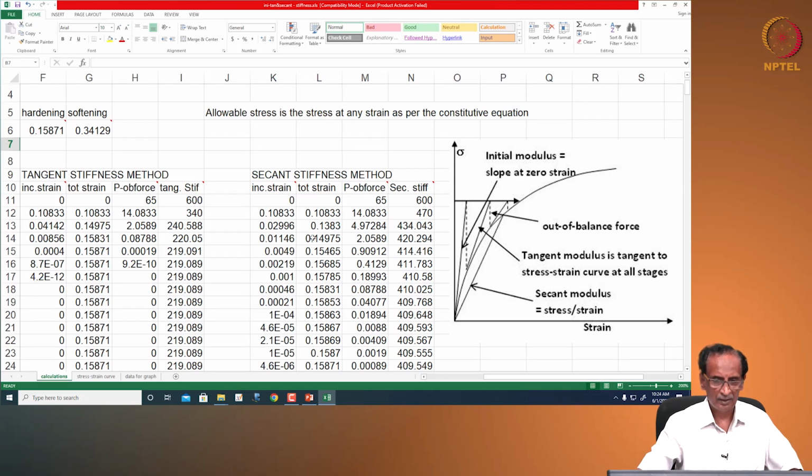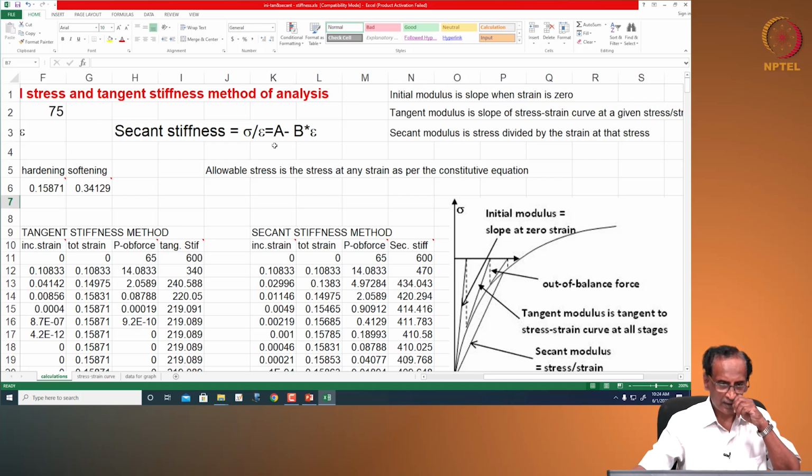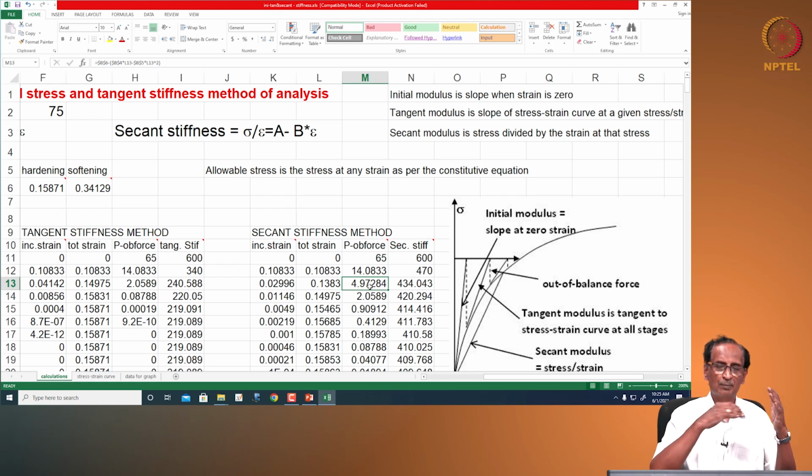Actually, the illustration is also shown here, and with the secant stiffness method, our secant stiffness is sigma by epsilon, that is A minus B epsilon, and our initial out-of-balance stress is 65. 65 divided by our initial modulus of 600 is 0.108, and our out-of-balance stress is 14, and our secant stiffness at this strain level of 0.1083 is this A minus B epsilon, that's 470, and this is our incremental strain and our total strain, and then the out-of-balance stress, that is the applied stress of 65 minus the reaction stress, and then the secant stiffness.